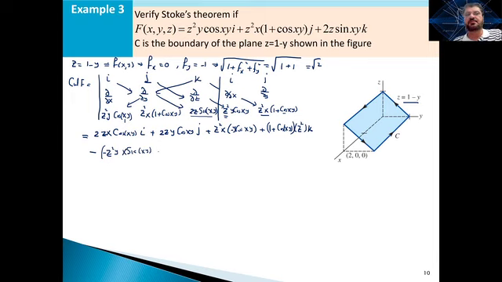This is k. Sorry, then plus the second, which is cosine times the derivative of the first with respect to y, which is z squared cosine xy, all of this j.